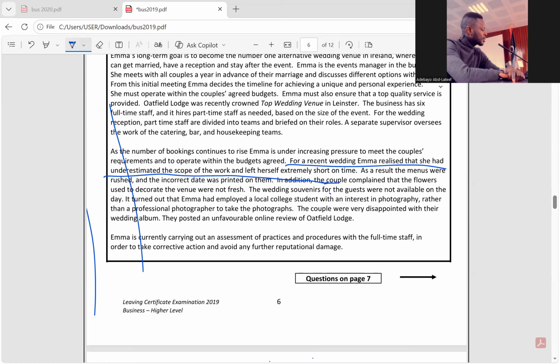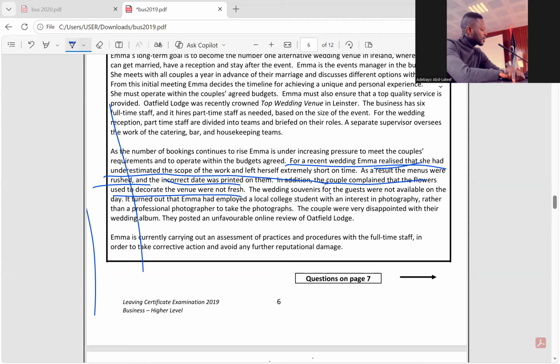The couple complained that the flowers used to decorate the venue were not fresh. That is poor quality, yes or no? As a result, the menus were rushed and an incorrect date was printed on them. These are poor service.